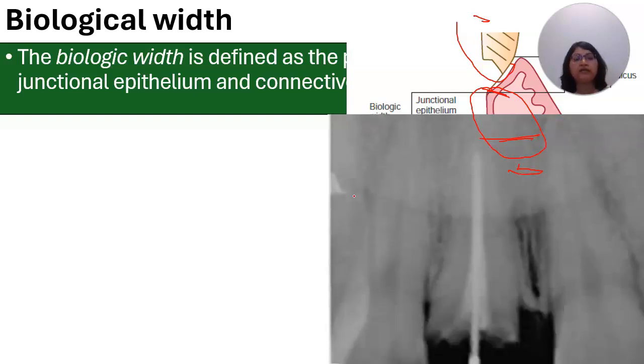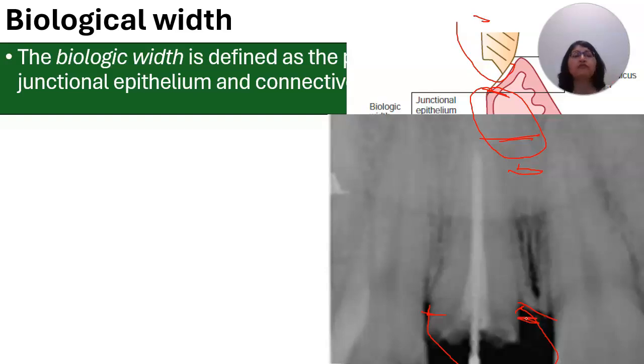Let's try to understand with this x-ray. That would mean if I was to do a crown, and my crown margin ends somewhere here, and here is my bone margin, that means I violated the space, because think clinically, this area is probably occupied by the gingival margin.